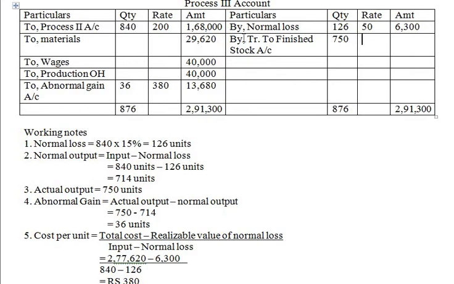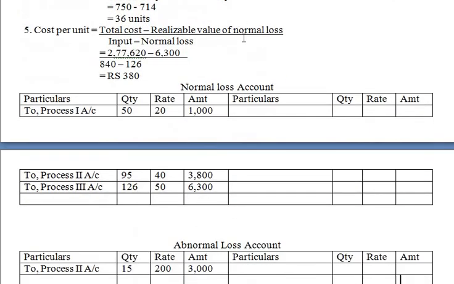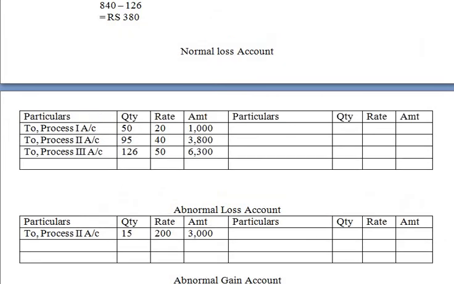Rate is already calculated, 380, and the amount is 2,85,000. Hope everybody is understanding this. Now next, we need to close these accounts. I will take this on the next page itself.